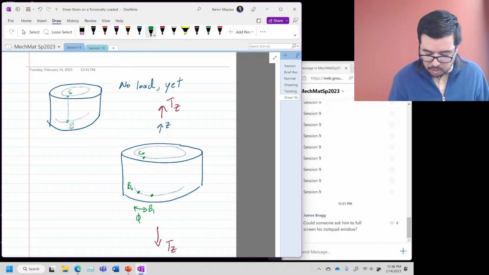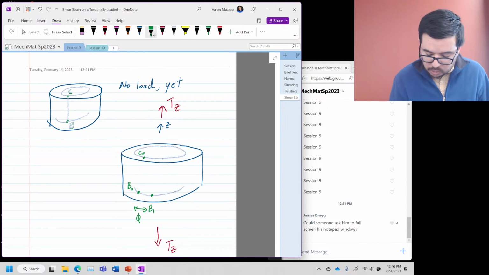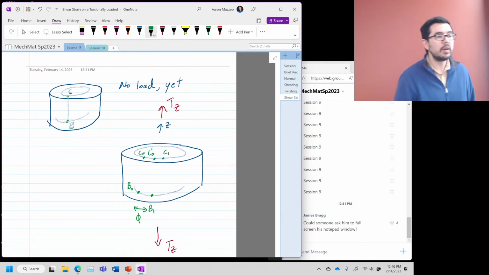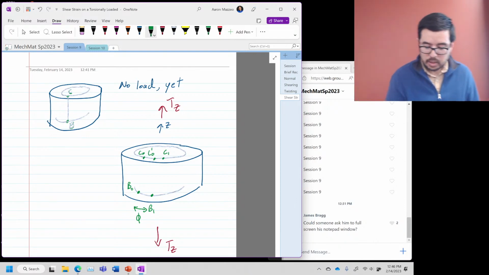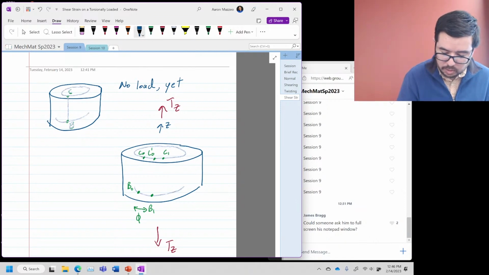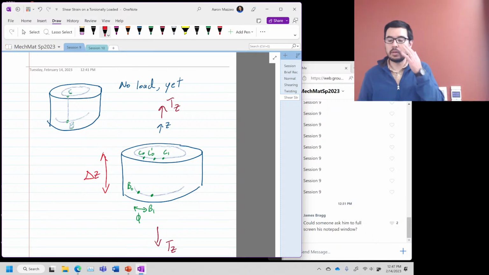And now this C naught has shifted, but it's actually shifted a little bit more. So we could call this C naught prime, if they shifted the same amount, and then we can call this C1. Okay. This is because the material has been twisted in this element. This is some element with height delta z. Okay?